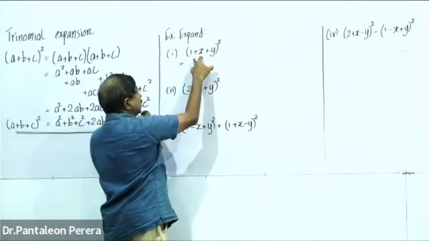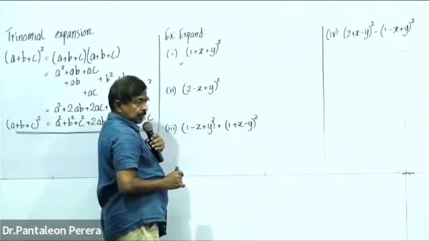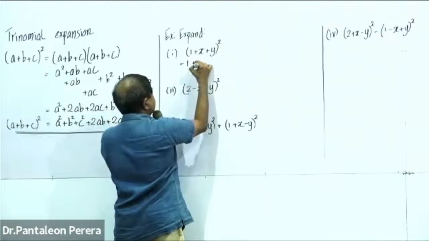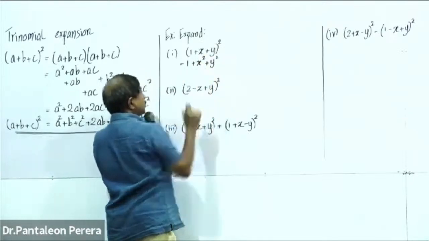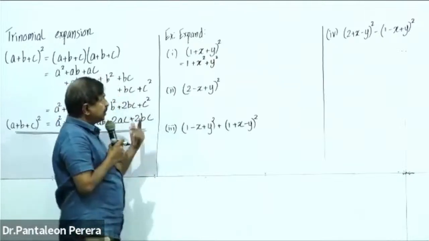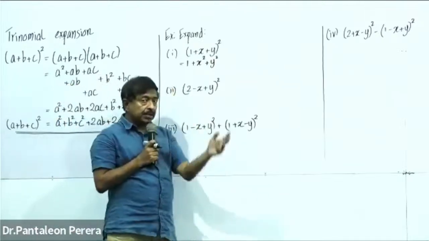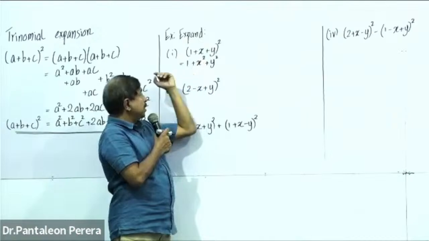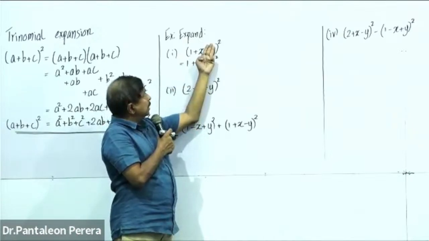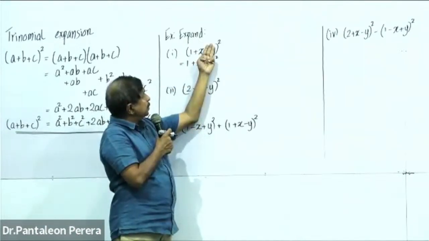First you have to square each and every term. 1 squared is 1. X squared is this. Y squared is also that. After that, you need to come up with 3 other terms. So close the last term in the bracket. Get the product of the terms that appear after that.